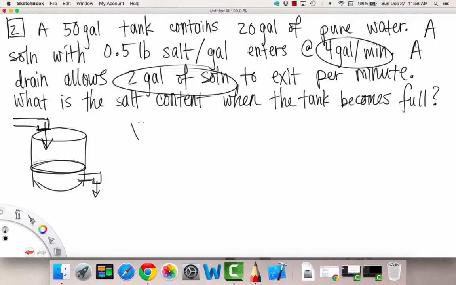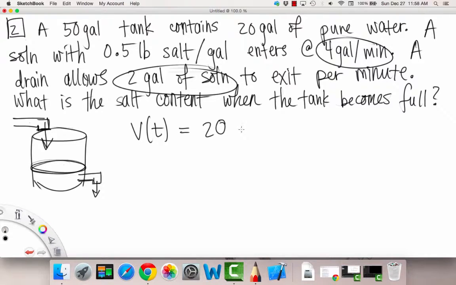Okay, so how can we represent our volume? Our initial volume, when t is 0, is 20 gallons in the tank. That's a given, a constant here. So even if t equals 0, our volume is equal to 20.